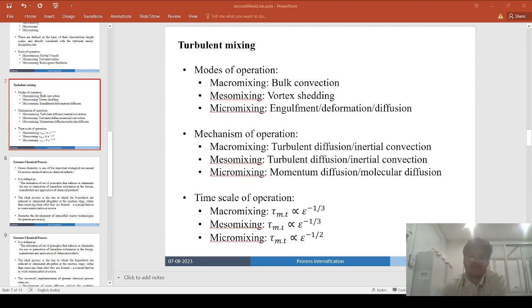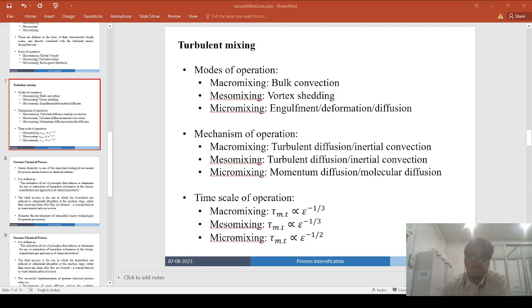Now the Kolmogorov and Batchelor length scales are related: the Batchelor length scale is equal to the Kolmogorov length scale divided by the square root of the Schmidt number. The Schmidt number for liquids is typically of the order of 10 to the power of minus 3.